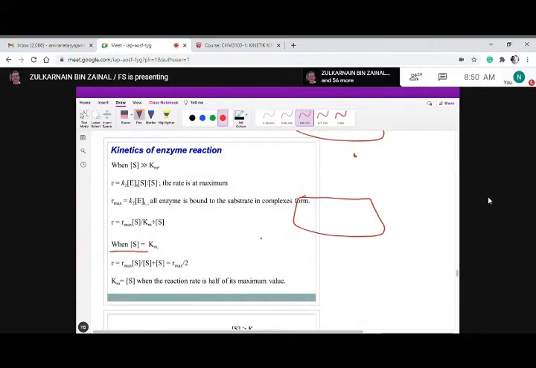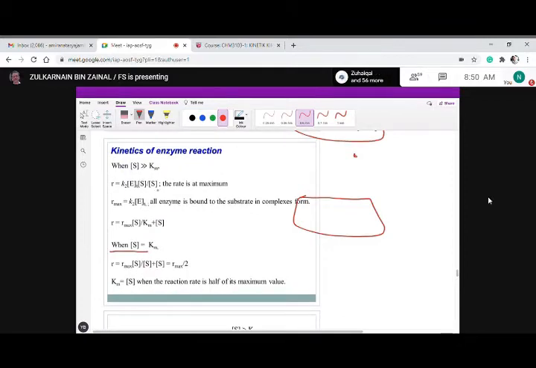Okay, so just using my pointer now. So that is maximum. Then you can have this as the maximum rate, R max equal to K2 ET. So what does it mean here?